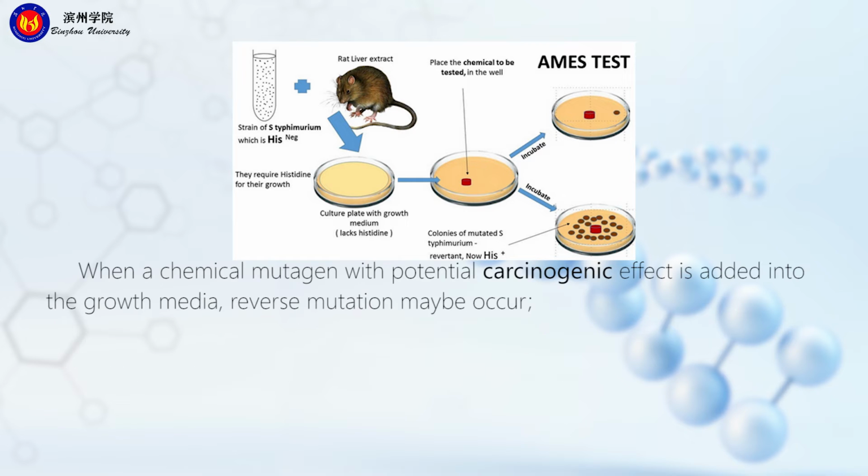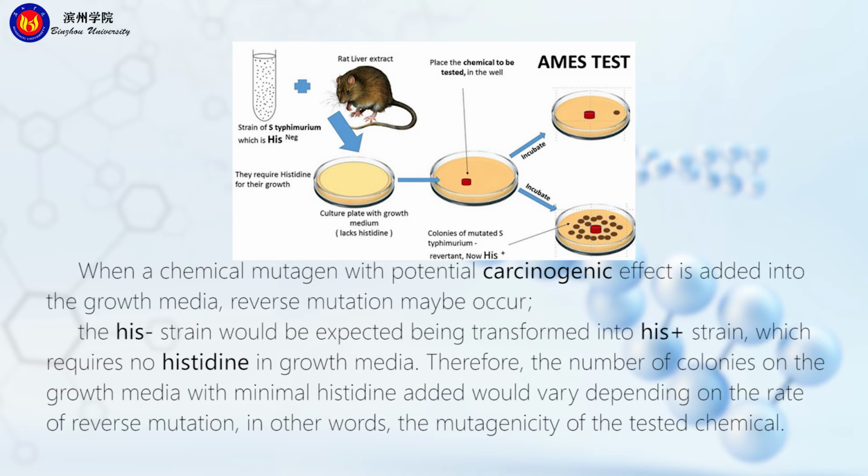When a chemical mutagen with potential carcinogenic effect is added into the growth media, the reverse mutation may occur. The His-negative strain would be expected to be transformed into His-positive strain, which requires no histidine in growth media.